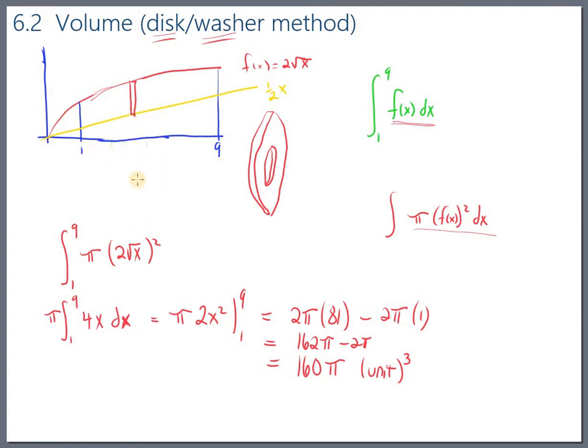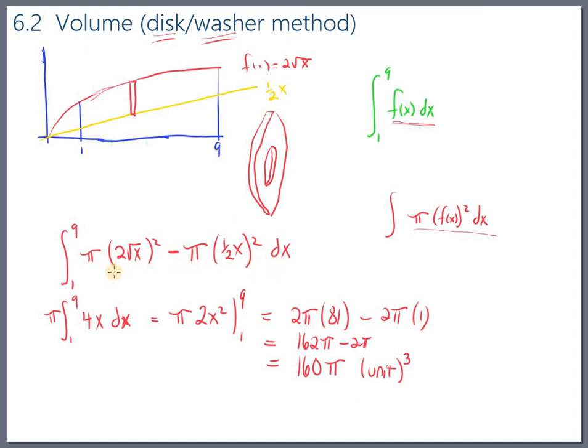So let's go back to our original integral here and just say the solid shape would be this pi r squared, and we just want to subtract off the middle part, which is also a pi r squared. And that integral will give us the volume of this shape with the hole in the middle.